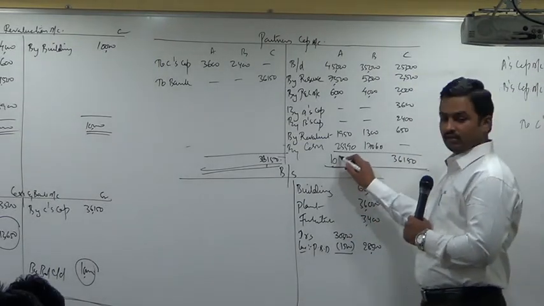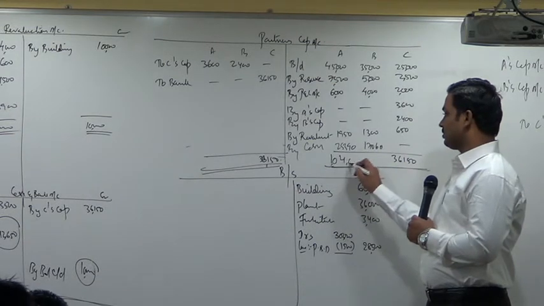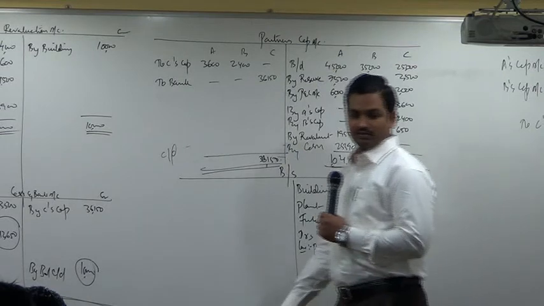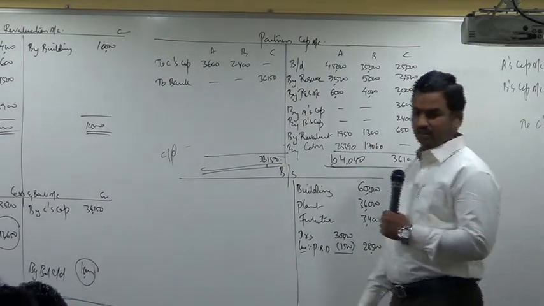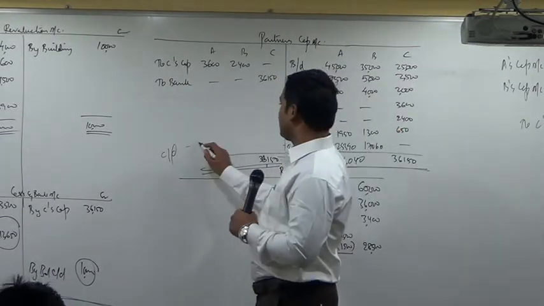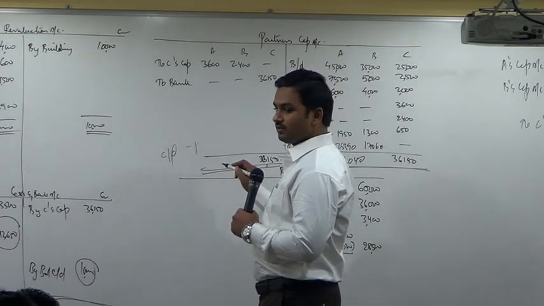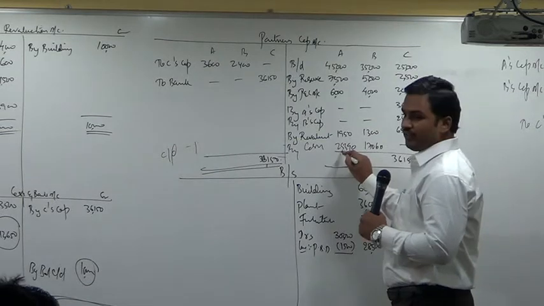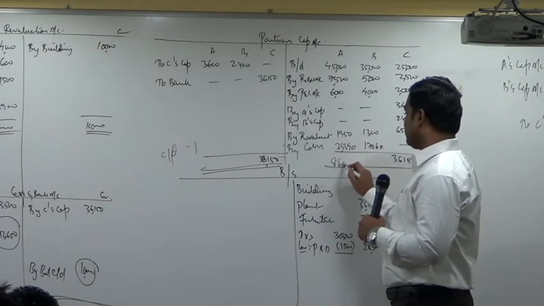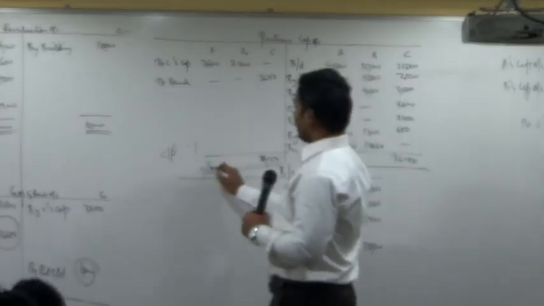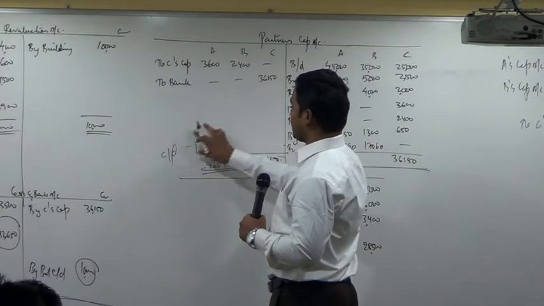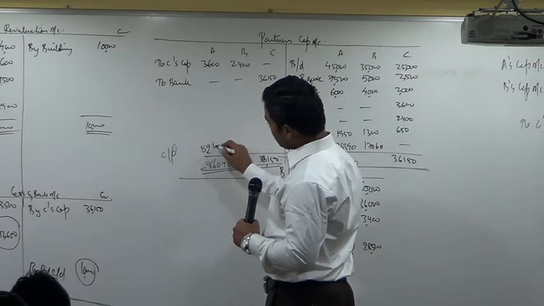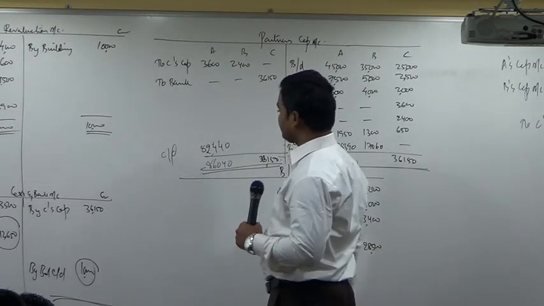You have included this 25,590. 86,040 minus 3,600, 82,440.